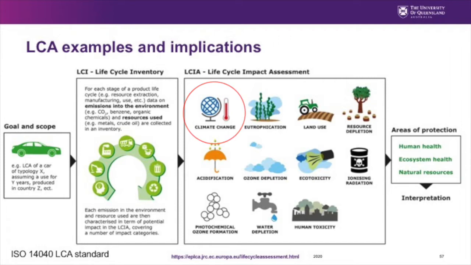And then we also have acidification, which is assessed in terms of kilograms of sulfate equivalent. And we can also have other impacts, like those based on toxicology or toxicity.